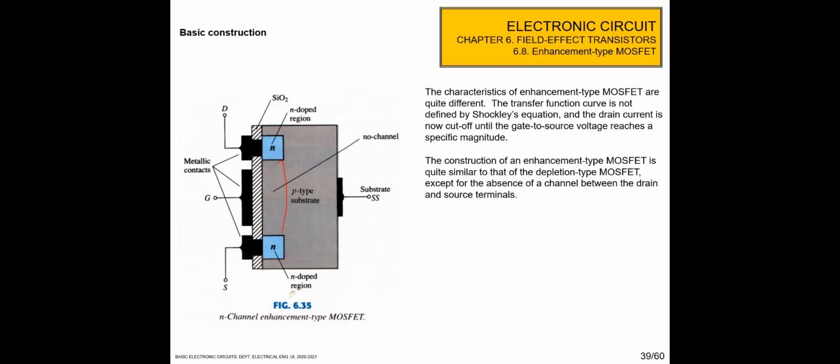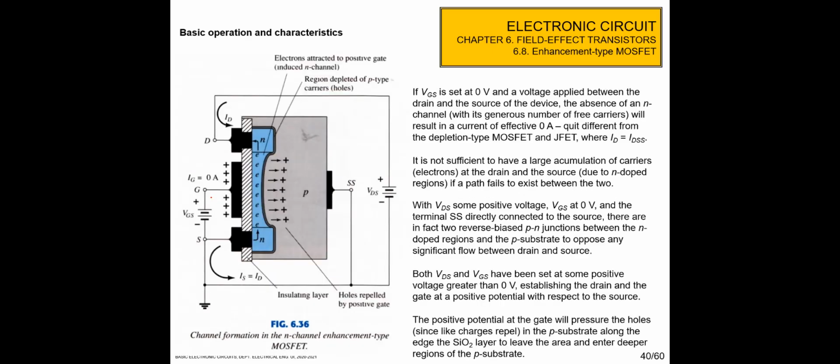So the channel will form when we apply voltage to the gate. When voltage is applied, we make the channel between the drain and source, so the current will flow.